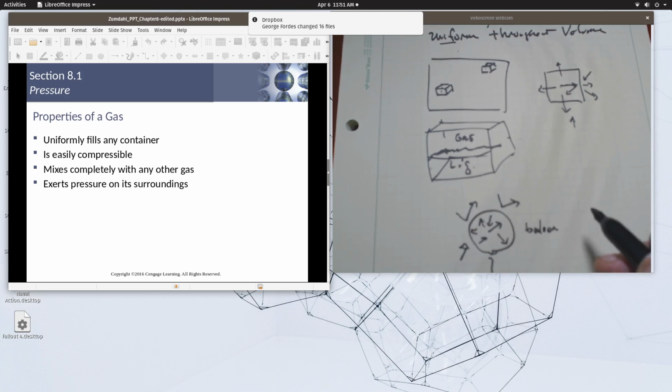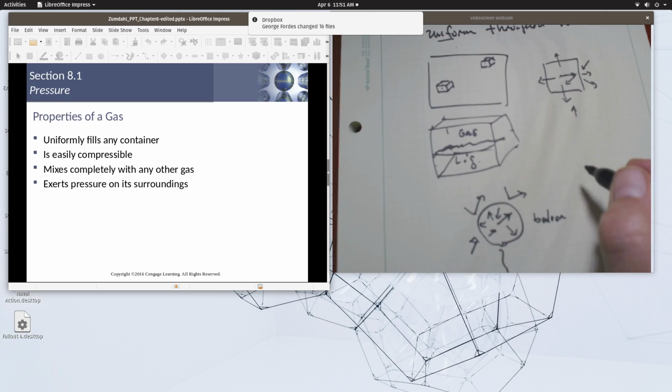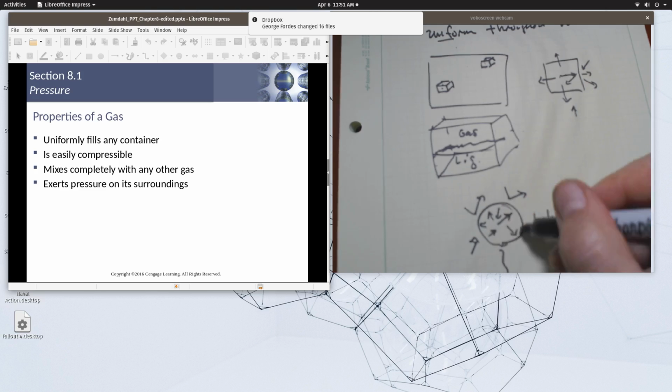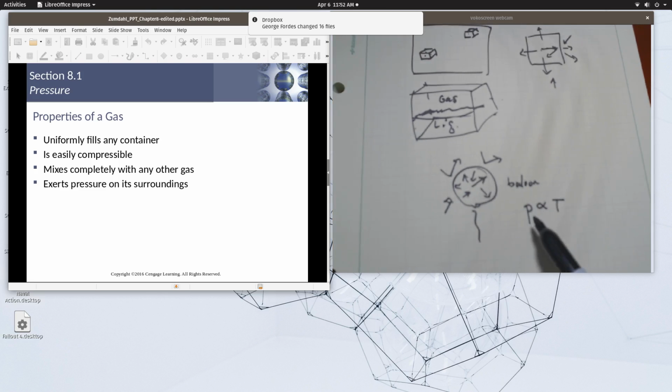But it's not because I have a packing of the gas molecules inside the balloon. It's simply that the gas molecules inside the balloon are moving around. They exert a pressure on the balloon, and so consequently we can say, as I increase the velocity of the atoms inside the balloon, I collide with the surface of the balloon more often, and so perhaps I should be able to say that pressure is proportional to the temperature of the system, because as I collide more, i.e. increase the temperature, I must increase the pressure.